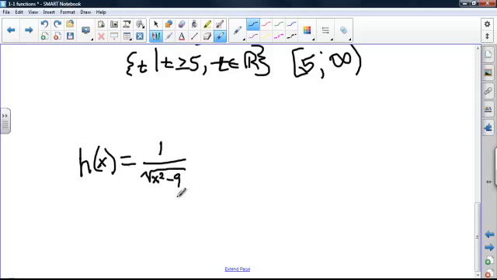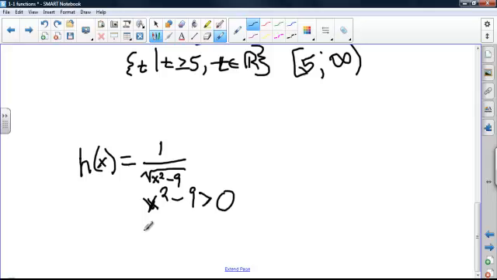This radicand, and that's what this portion is called. The portion of the radical, it's called the radicand. So this time we're going to say x squared minus 9 has to be greater than 0. We can't put the equal to this time, because if it equals 0, then this whole thing bottom would be 0, and then we have a problem with the fraction.